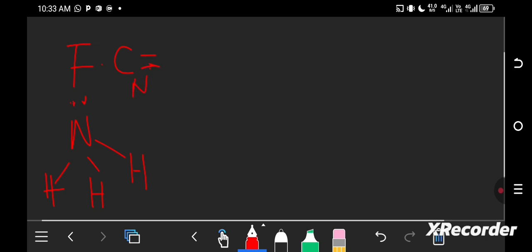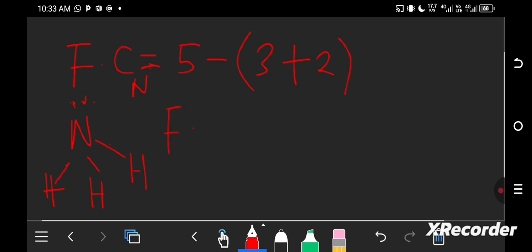The valence electrons in nitrogen, there are 5, then minus the bonding electrons. The bonding electron, there's 1 bonding electron there, plus 1 there, so there are 3. Then plus non-bonding electrons, you can see that there is 1 lone pair consisting of 2 electrons which are not involved in bonding.